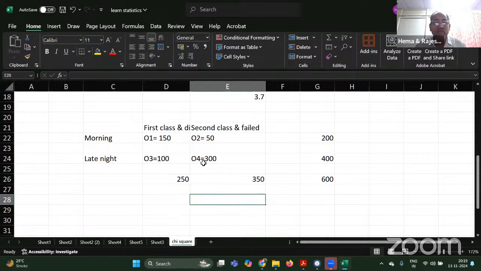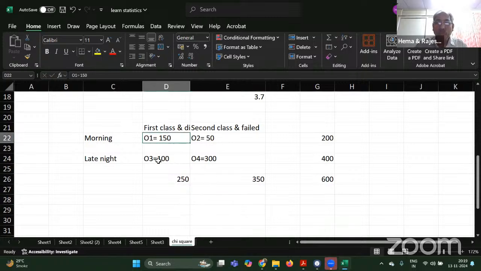Now we need to find out, instead of 150, what should be ideal if suppose data is homogeneous? Suppose if you look at the result of 600 people, then 250 should be in this class. But here it is 150. So the expected value is, out of 600, if 250 is expected, what should be out of 200?